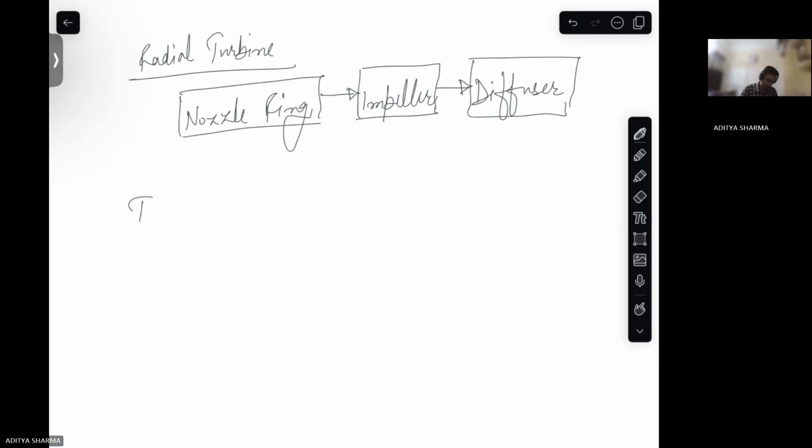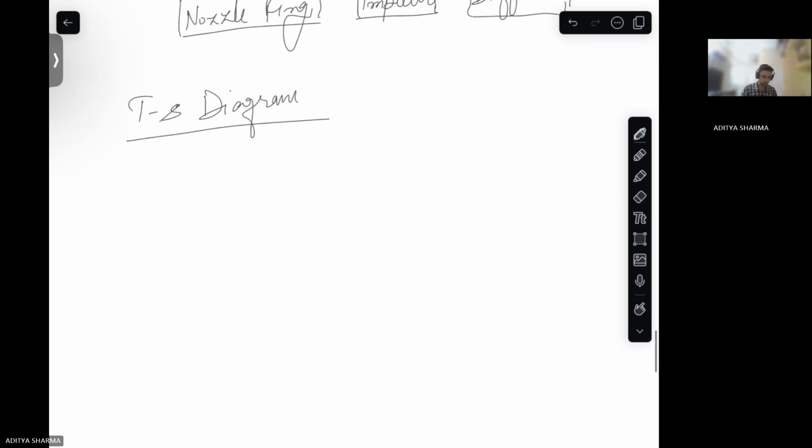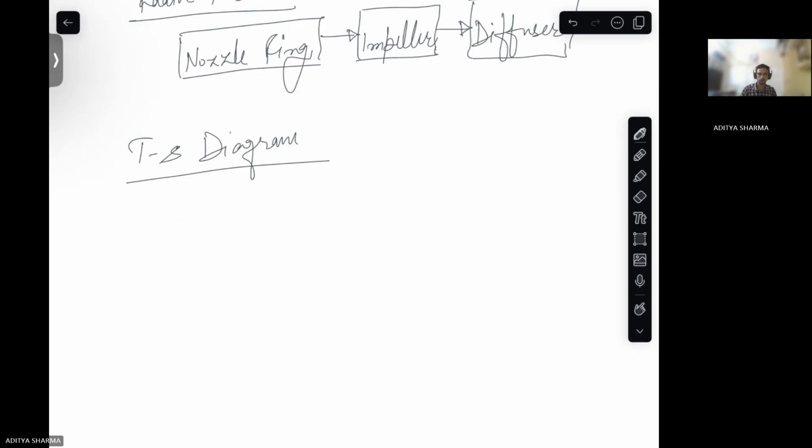For this, you can have a TS diagram, and the TS diagram looks somewhat like this.